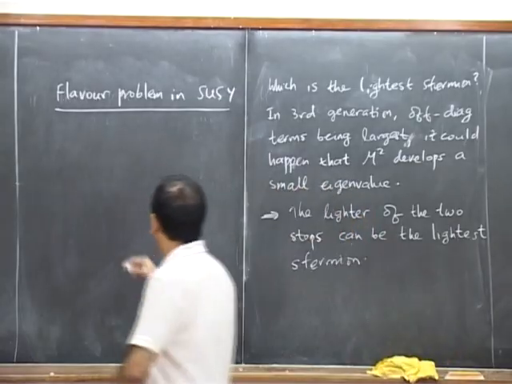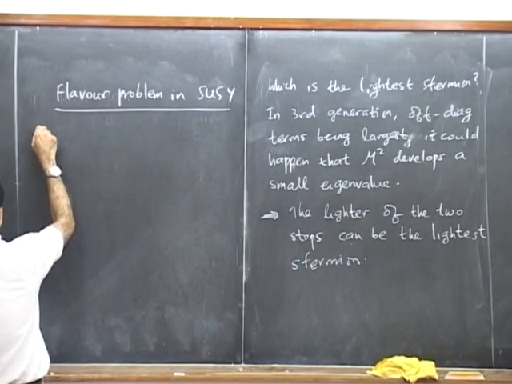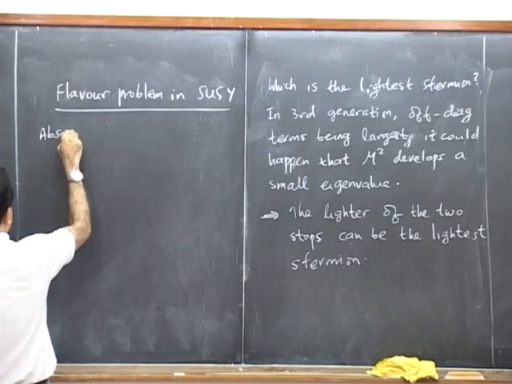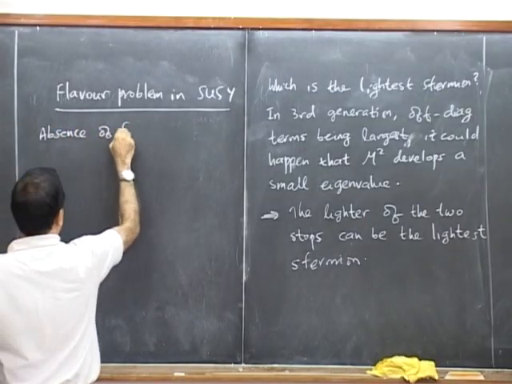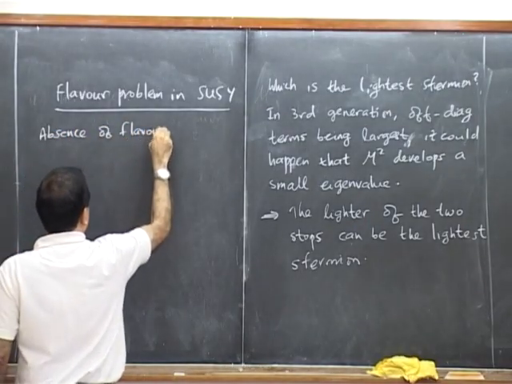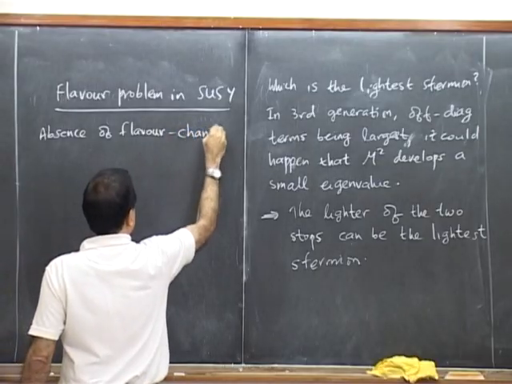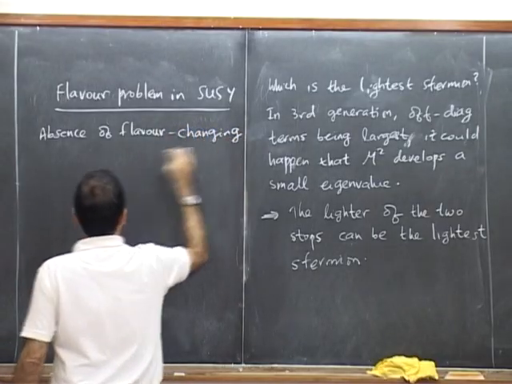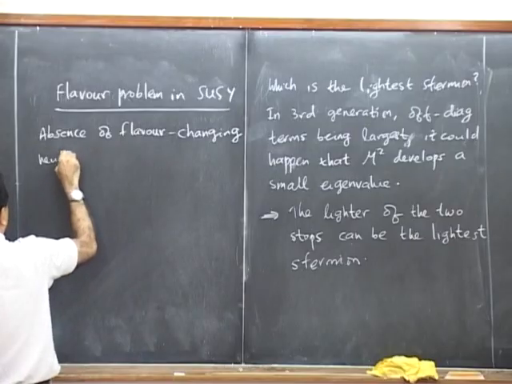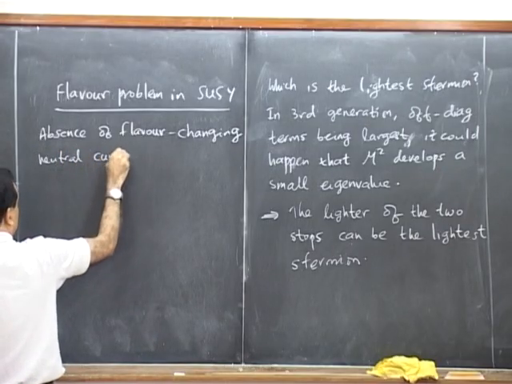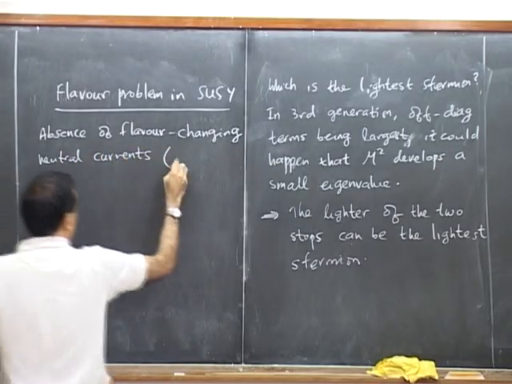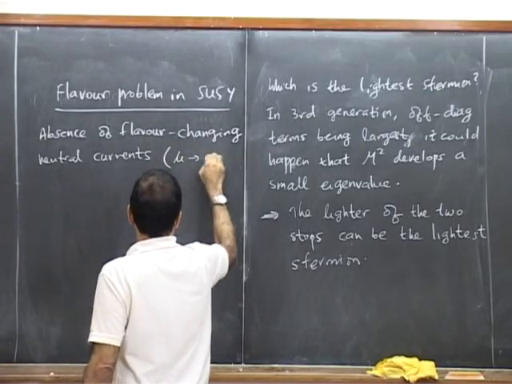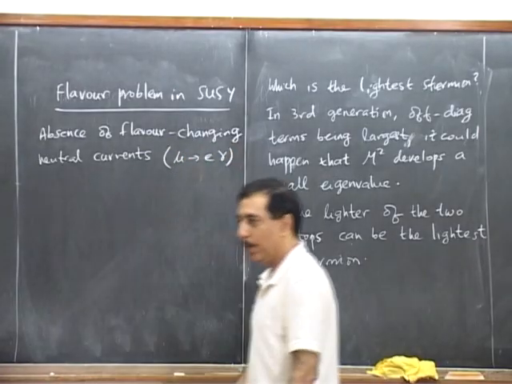Okay, so the problem here involves the absence, as detected by experiment, of flavor changing neutral currents. And a very simple example of that is the muon decaying to just an electron and a photon.